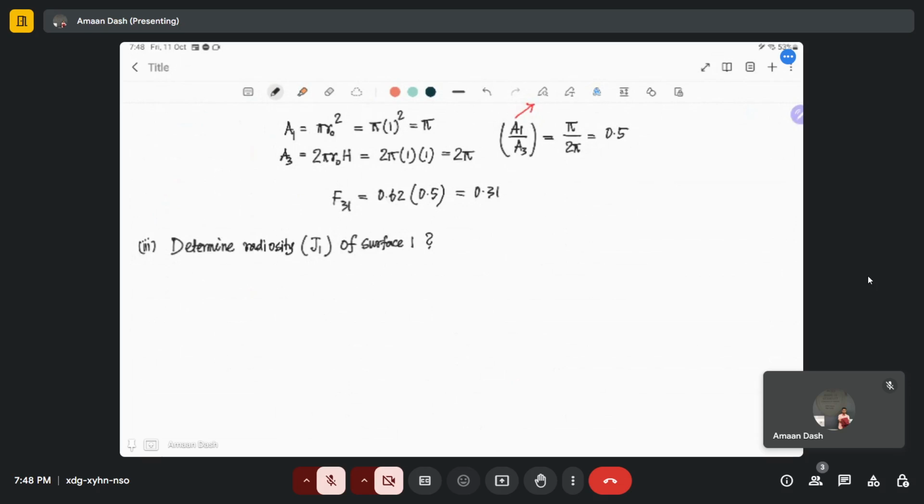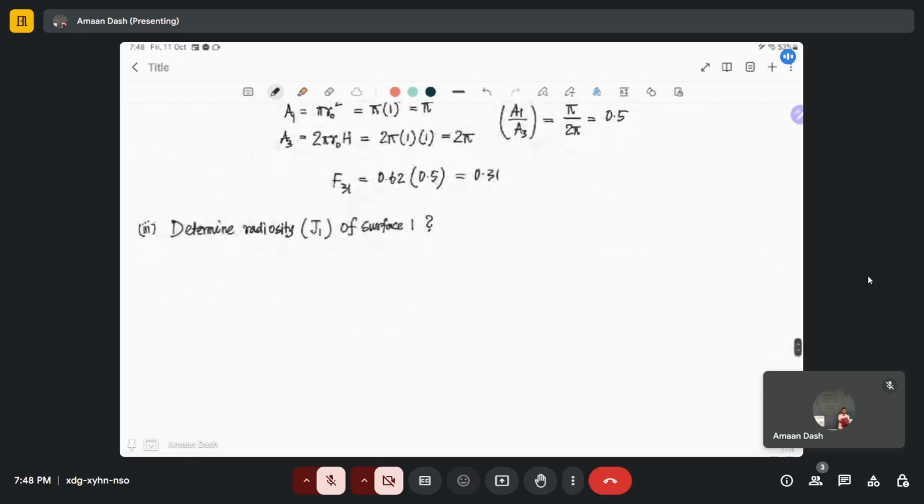So A1 by A3 is pi by 2 pi, which is 0.5. Substituting this, F3 to 1 is equal to 0.62 times 0.5, which is 0.31.